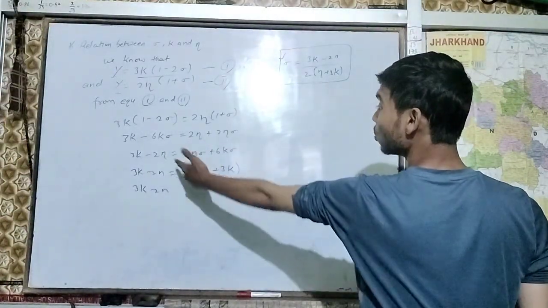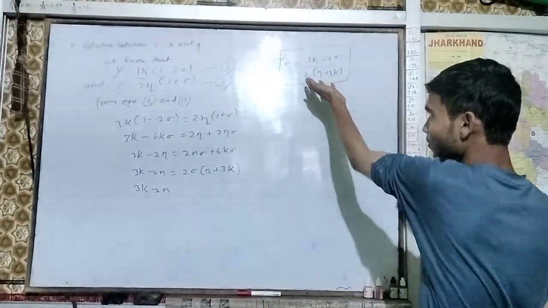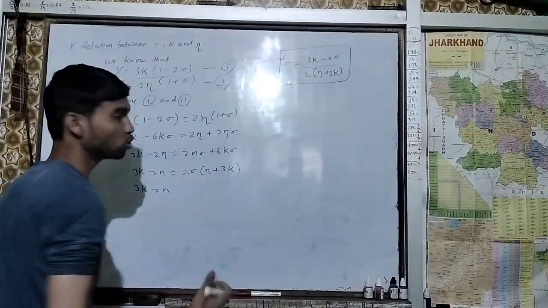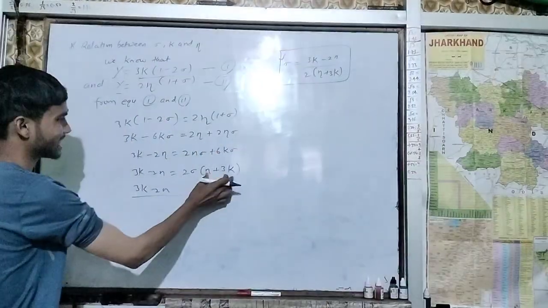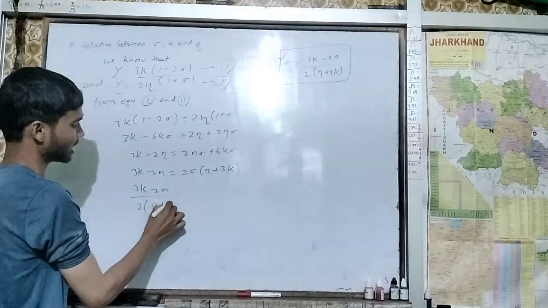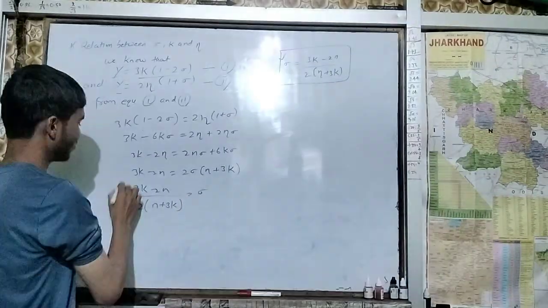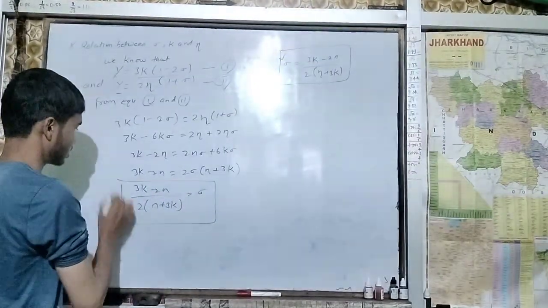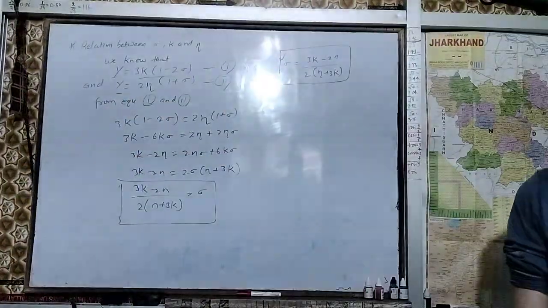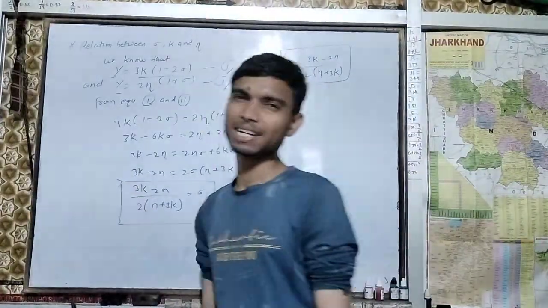Why are we going to shift this 2 as well? Answer is we need it over here, brother. We need 2. According to requirement, you have to move on. So just shift this in the denominator: 2η plus 3k, and this Poisson's ratio will be as it is. Finally, you have brought this equation. That is all you have to bring. Got it? Was it difficult?